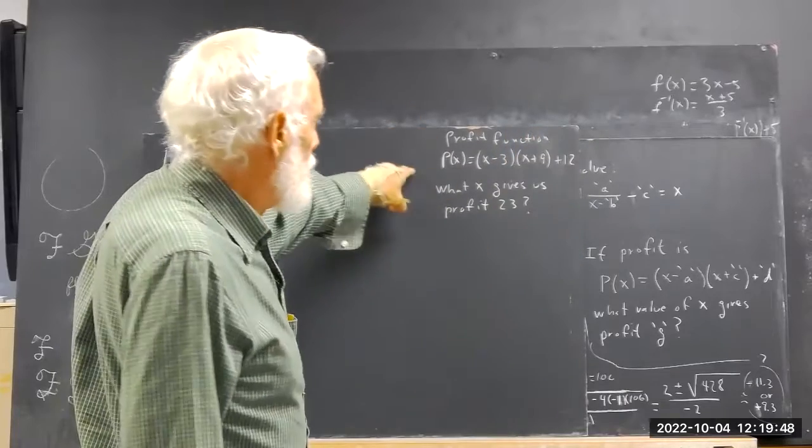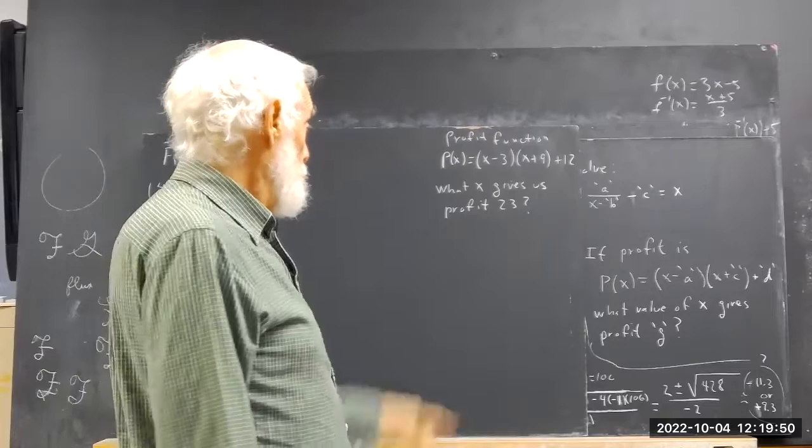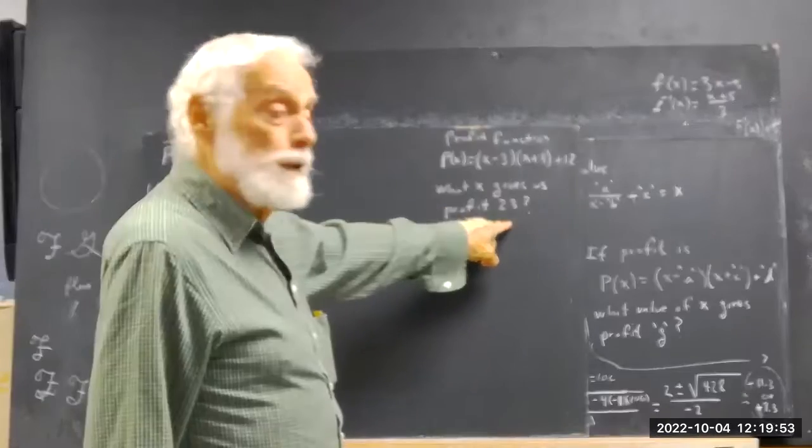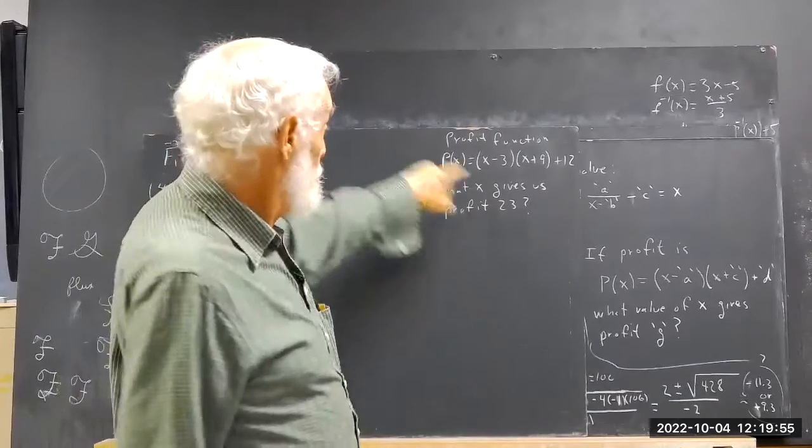So interpreting this, the profit function could be this. And we want to know what x gives profit 23, right? Well, P of x is the profit.